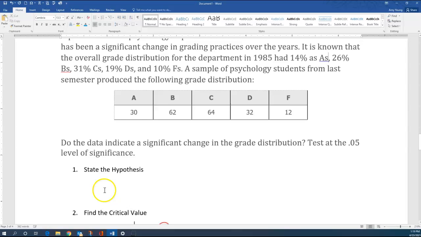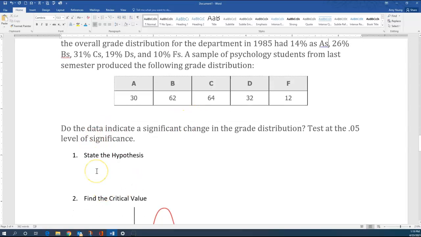Okay, so we want to do our hypothesis here. And again, starting off with our null hypothesis, we're going to say that the grade distribution has not changed from that of 1985.